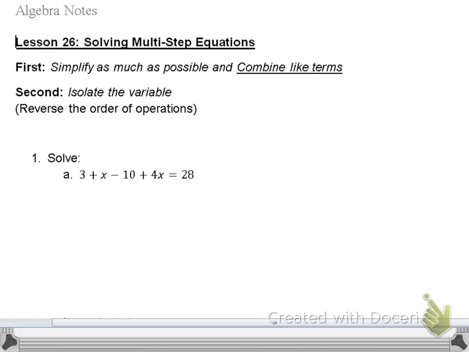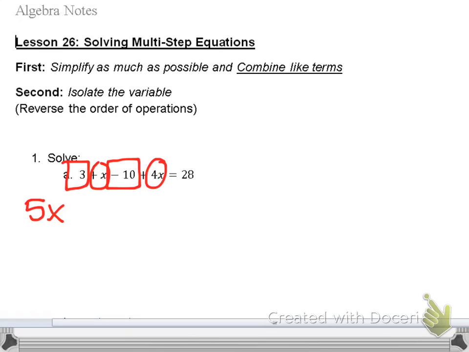So the first example here, there aren't any inclusion symbols, so we don't have to do anything there. We just need to combine like terms. So we can circle the x and the 4x, and then I'll just put a square around the constants. So I'm going to combine x and 4x to get 5x.